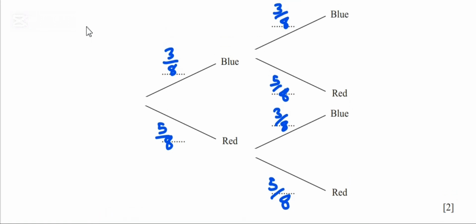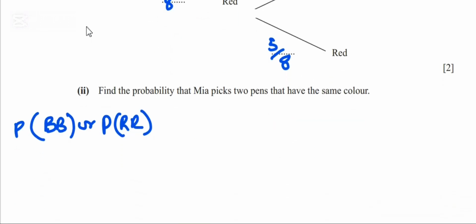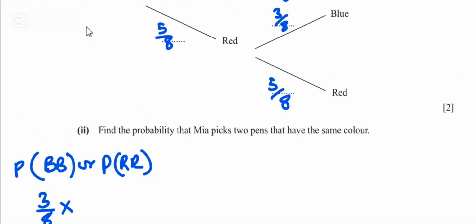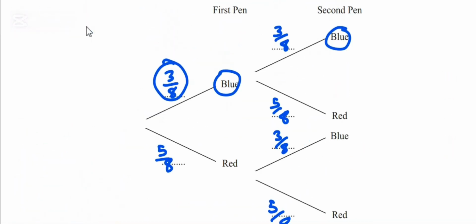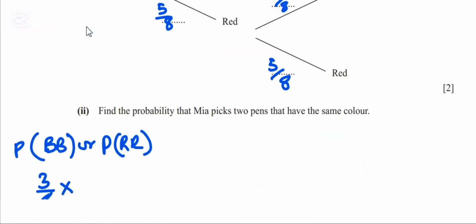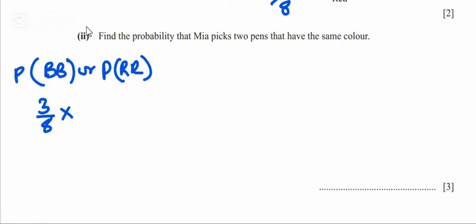So you go back to your diagram here. The probability of picking blue is in this branch. So we are going to have 3/8 times another probability of picking blue, the same 3/8.